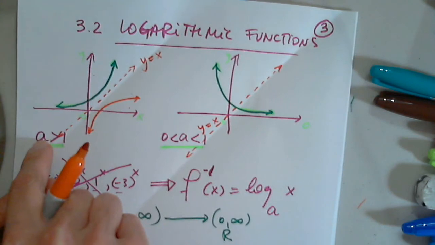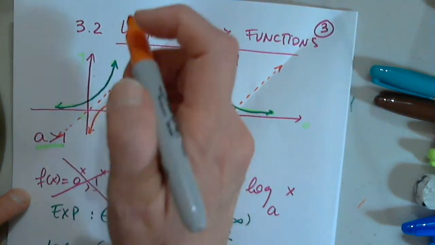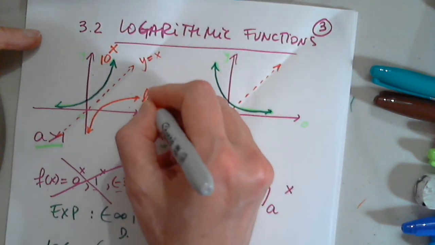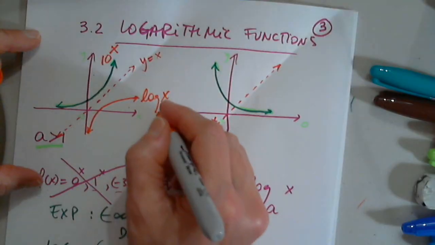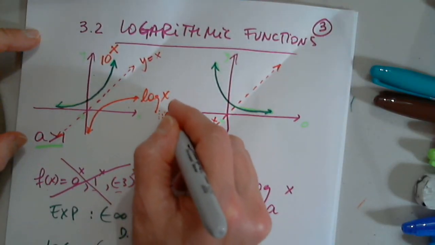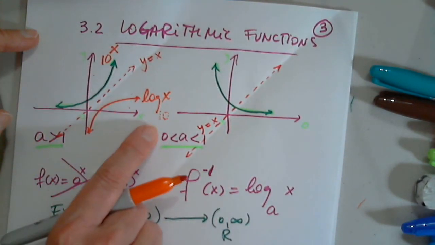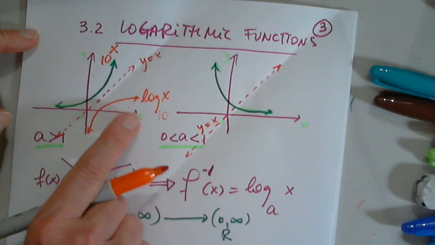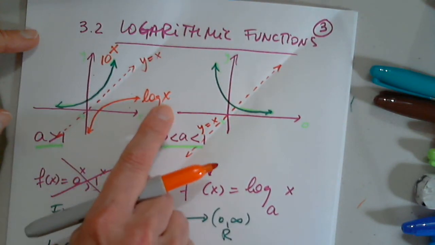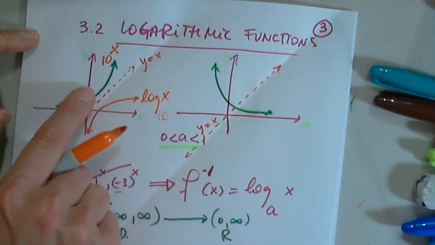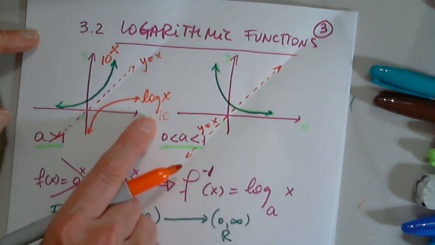And it has to have the same base as this one. For example, if this is common 10 to the x, this must be log x. We don't write the base if it's 10. So if this is base 10, this must be base 10. If this is base 5, it will not be the inverse of log base 10 of x. So for these two to be inverses of each other, they have to have the same base.